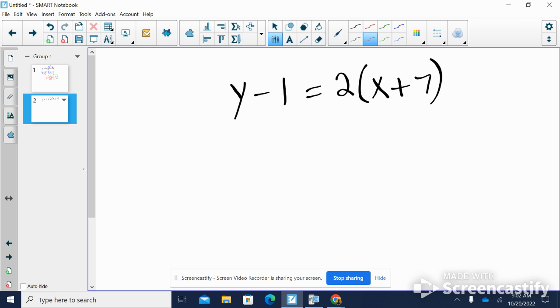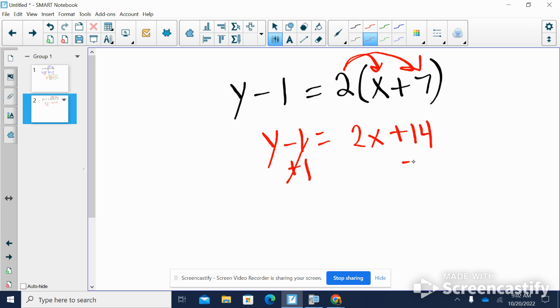First thing that we're going to do is distribute the 2 into the parentheses to get rid of the parentheses. So the y minus 1 comes down. 2 times x is 2x, and 2 times 7 is a positive 14. Now, to get the y by itself, we'll do the opposite of a negative 1, which is a plus 1.